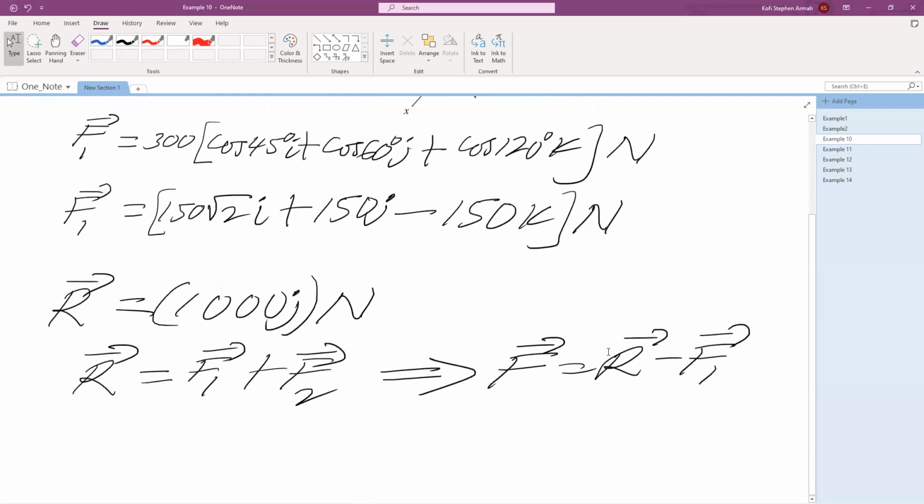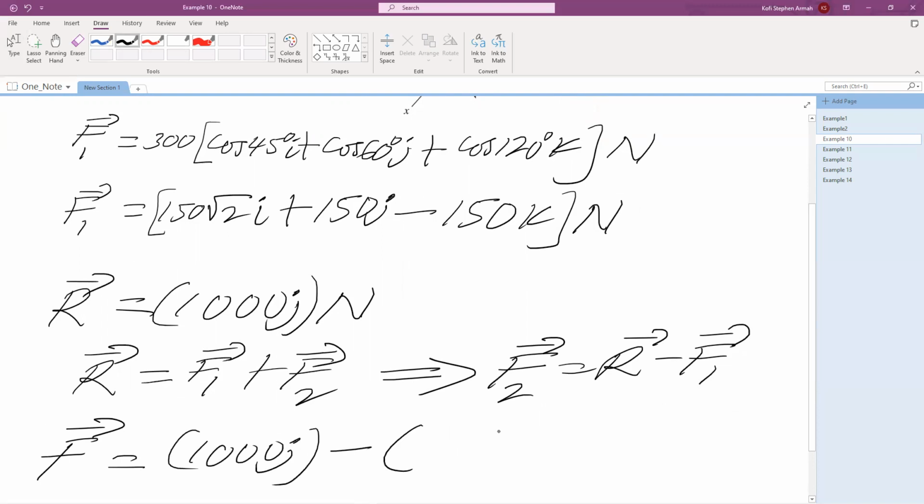So let's substitute. Our F2 here is equal to our R, which is 1,000 j, minus our F1, which is 150 root 2 i plus 150 j minus 150 k. And then we subtract.